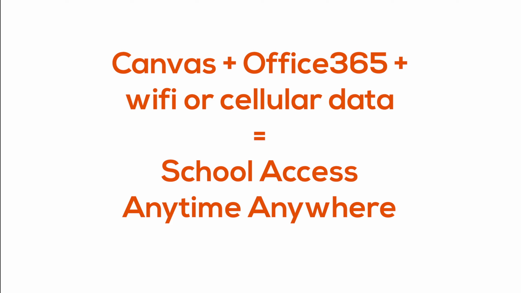That's one of the things Office 365 is so great about, is that if you're connected to Wi-Fi, everything is available to you at any location that you choose to log in. So using your Taos Schools account to access your Office 365 in the cloud, that can be done from anywhere.